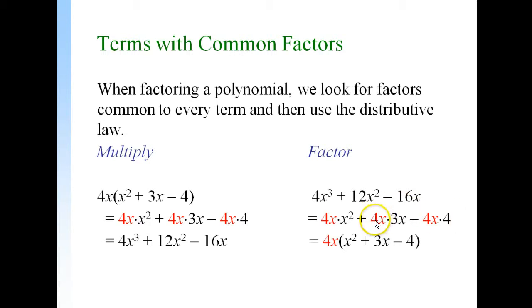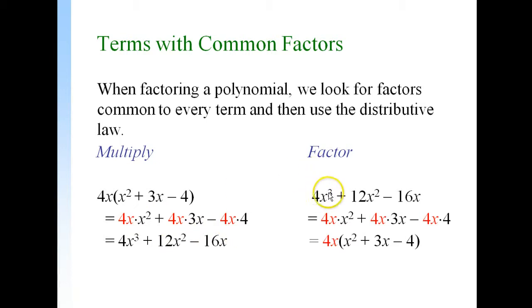Okay, now we're going to do a little more in depth this idea of factoring things out. So when we multiply, let's say 4x times this trinomial, we just distribute the 4x to each of these terms, multiply, and we get this.